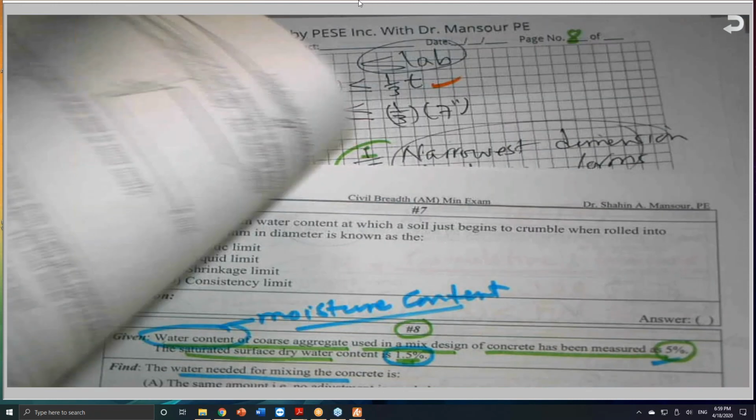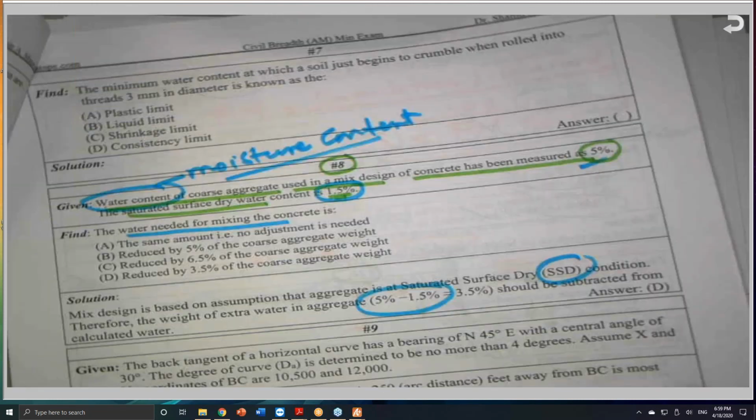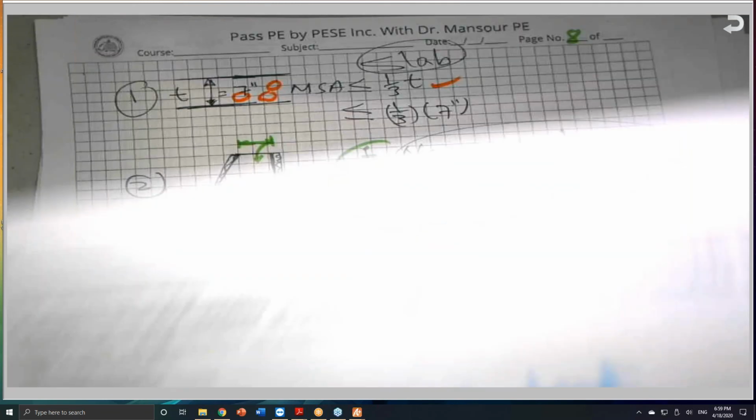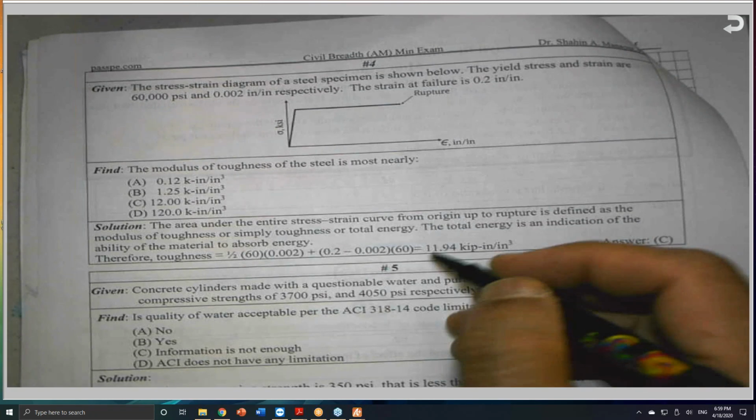And I included, by the way, no, let me talk about this before I forget. Problem number 5.